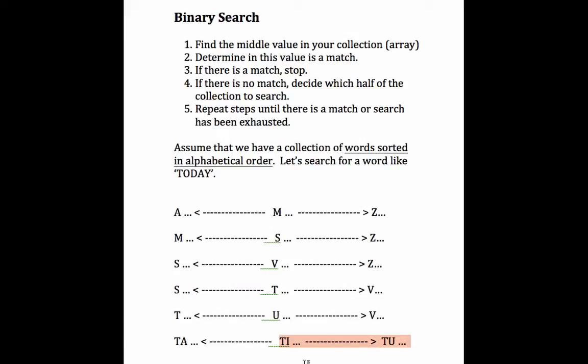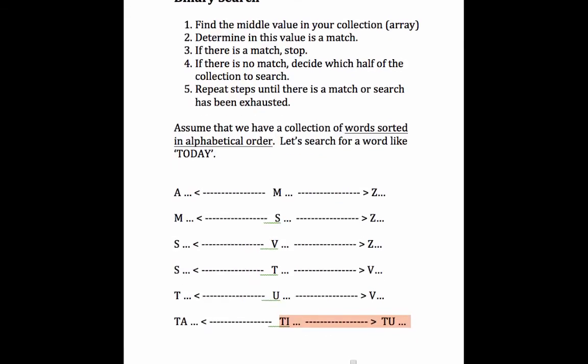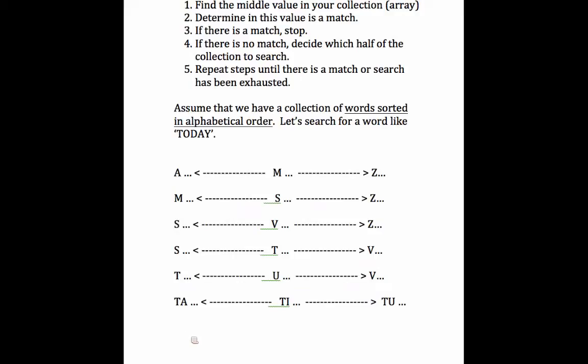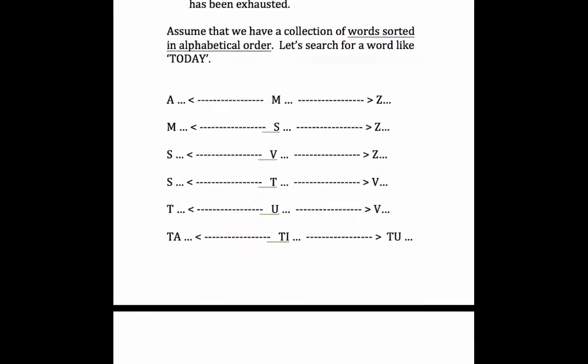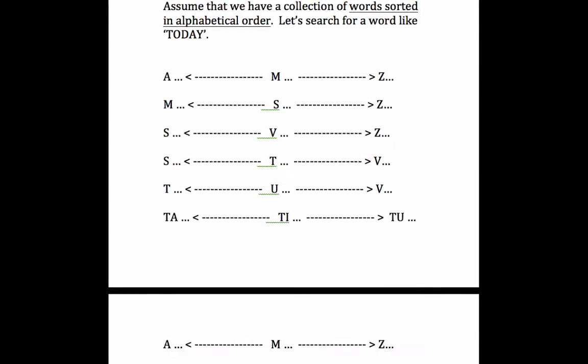All right, so eventually, if I keep doing this and I keep making what is called the space, in other words, what I'm looking at, smaller and smaller, I'm going to get probably to a point where I have things like this. I'm going to have the word to, as in TO, and then in the middle, I'm going to have perhaps the word today, right?